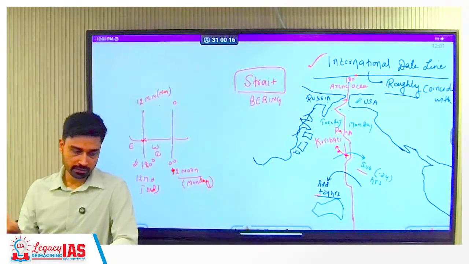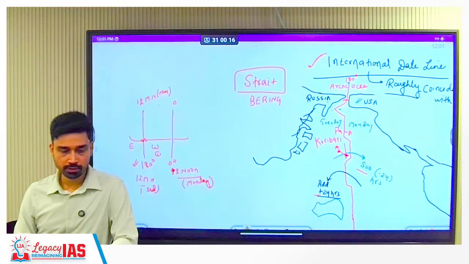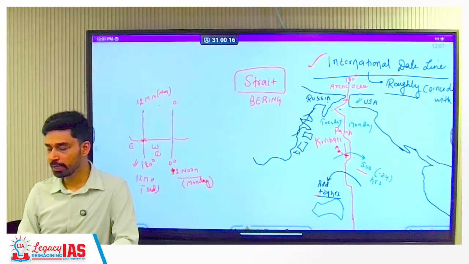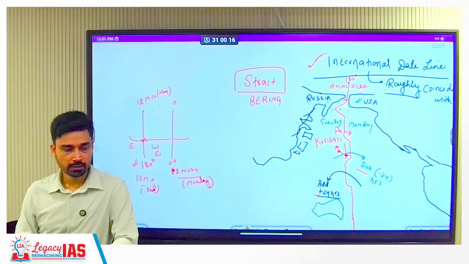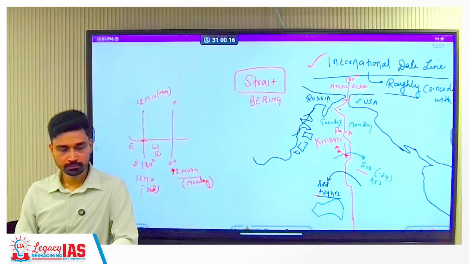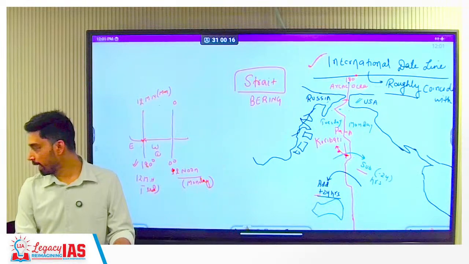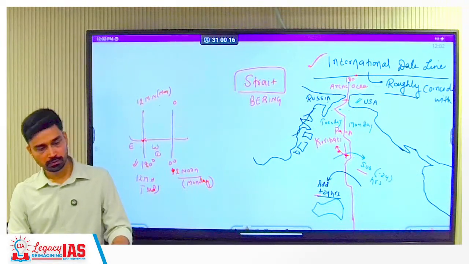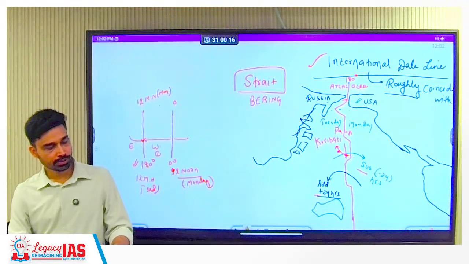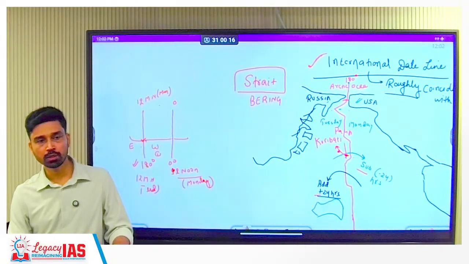And in brackets, you can also write the definition of a strait if you are not aware of it. What is a strait?